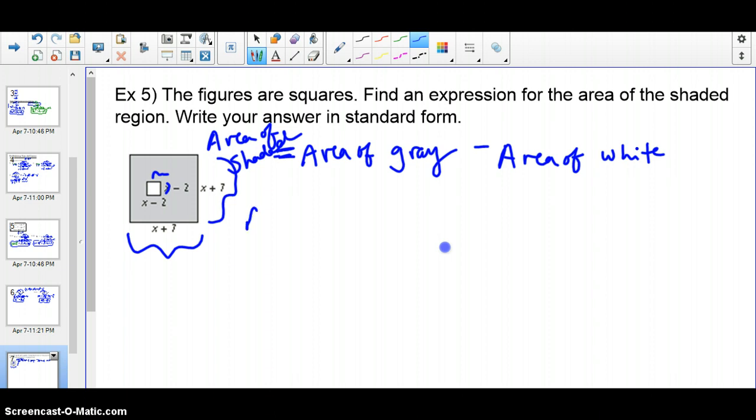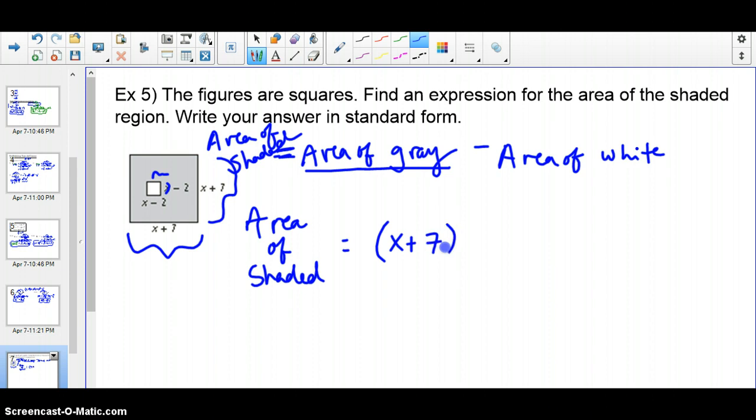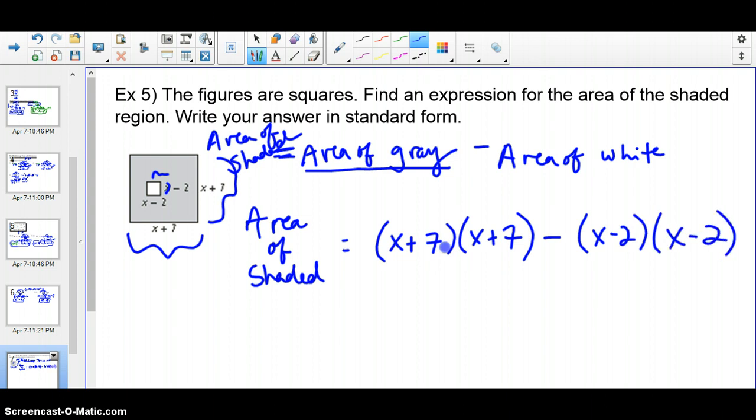So the area of the shaded region has to equal the area of the gray square, which is x plus 7 times x plus 7, minus the area of the white, which is x minus 2 times x minus 2. So you have a lot of foiling to do here.